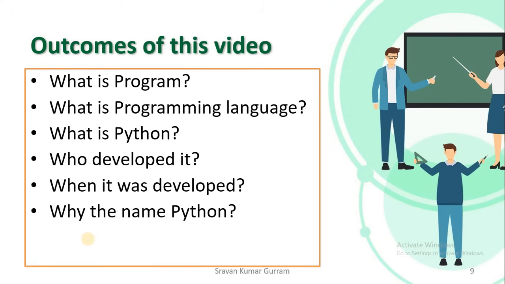So from that name he has taken the word Python. Applications of the Python. What are the different type of the applications can we develop with help of the Python? Web applications, gaming, artificial intelligence and machine learning related applications, and data analytics applications also.